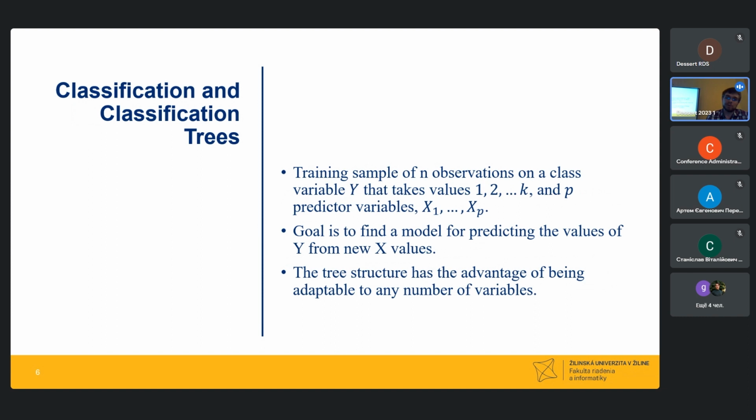And the goal is pretty much to find the value of epsilon based on the value of x. And tree structures in this situation can be quite beneficial because tree structure is adaptive to multiple variables and is also quite easy to visualize.